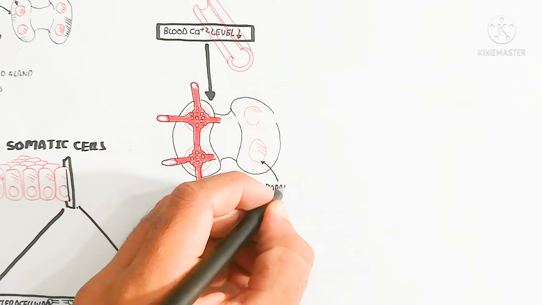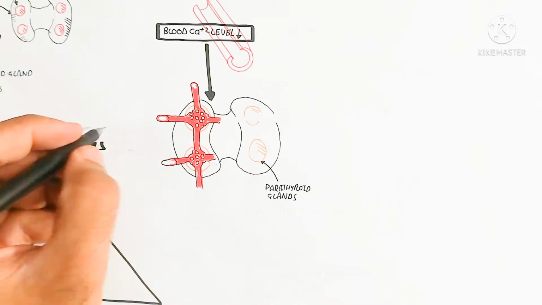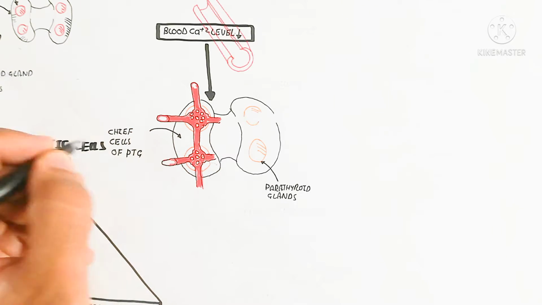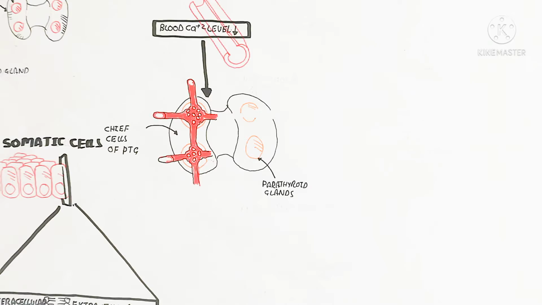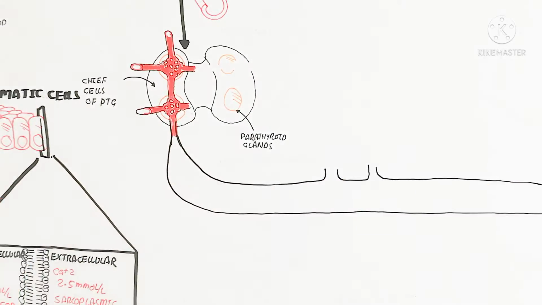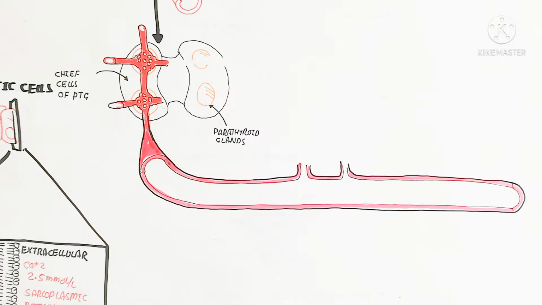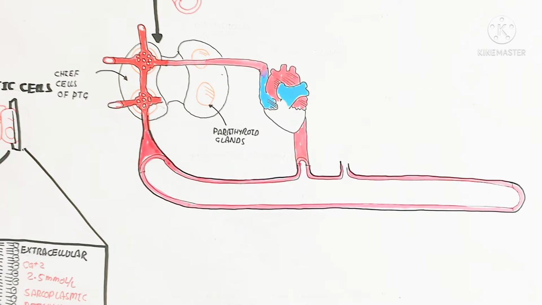When the blood calcium level drops, it stimulates the parathyroid gland. The chief cells of the parathyroid gland then produce parathyroid hormone.